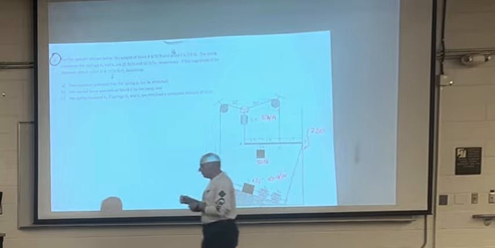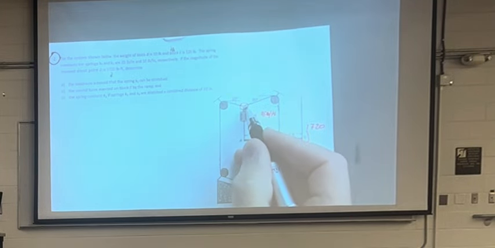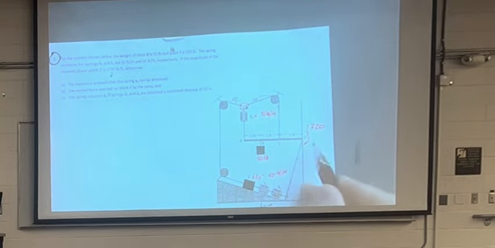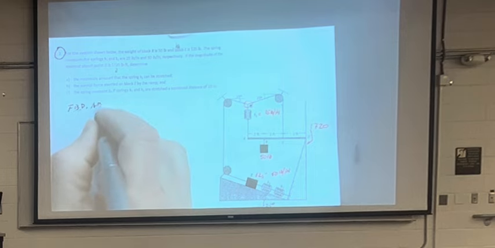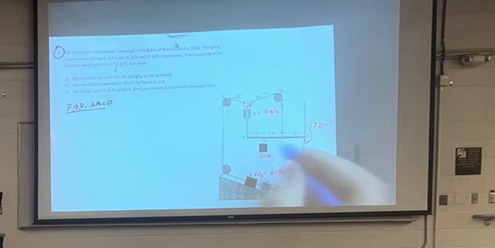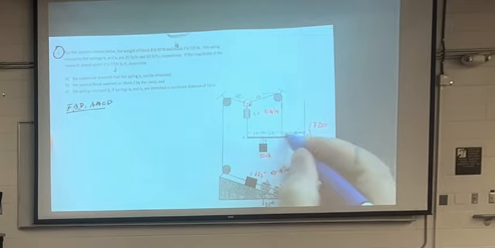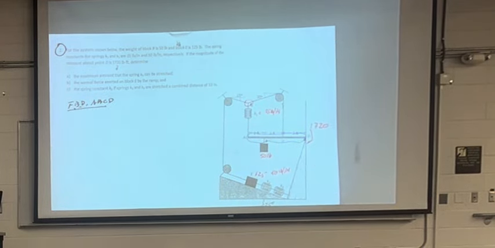So, let me start. It doesn't matter whether you start by writing equations for G or the equations for the moment. I'm going to do the moment. So I'm going to draw a free body diagram, A, B, C, D. In essence, I'm going to cut through here, cut through there, come all the way back.